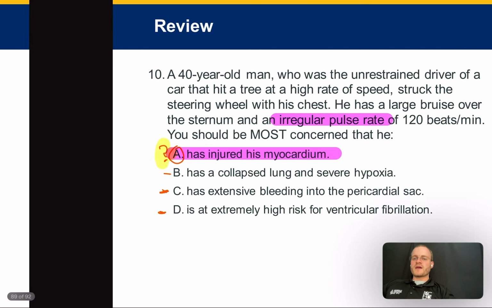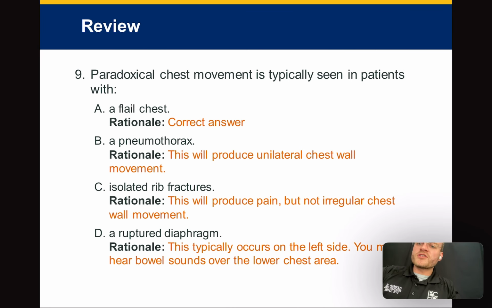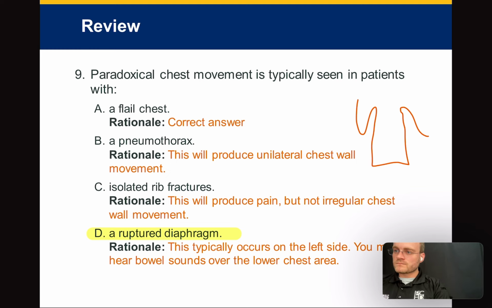Now, there was a question back here that I want to come to. What's a ruptured diaphragm? The diaphragm is the muscle of breathing. If I'm going to draw our human here, we know the diaphragm sits over here, and the liver sits over here on the patient's right.